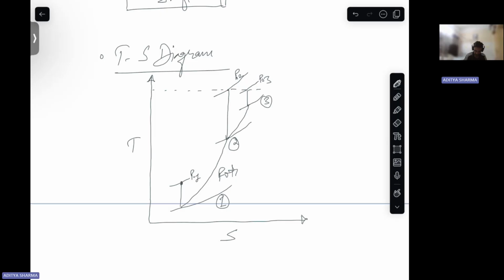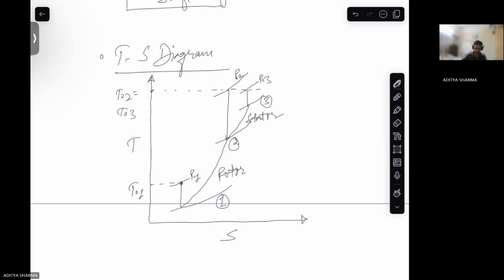This is for your rotor. This is for your stator. If you see in your rotor, your static temperature is increasing, and then your total temperature is also increasing. T naught one, T naught two is equal to T naught.